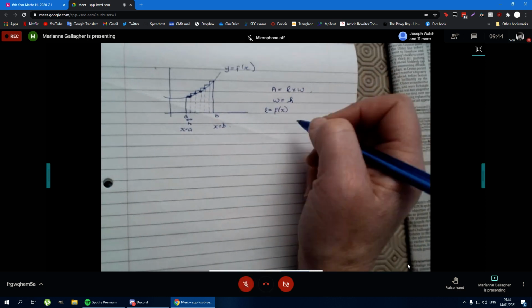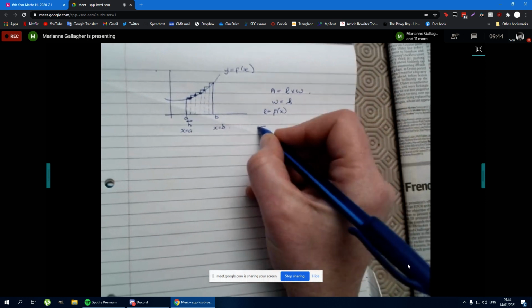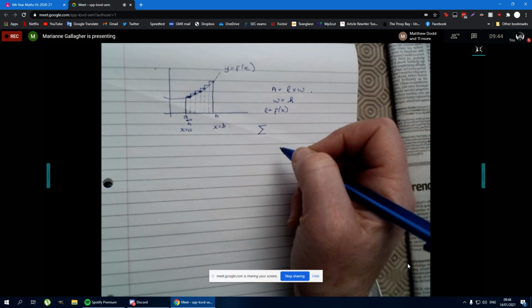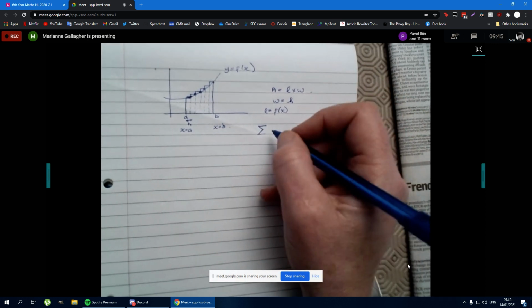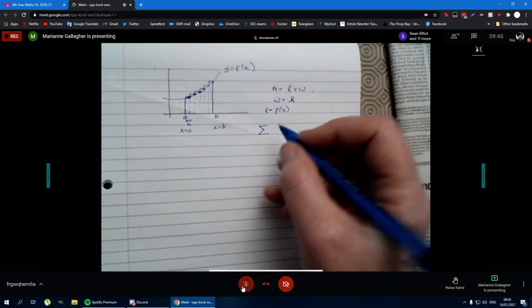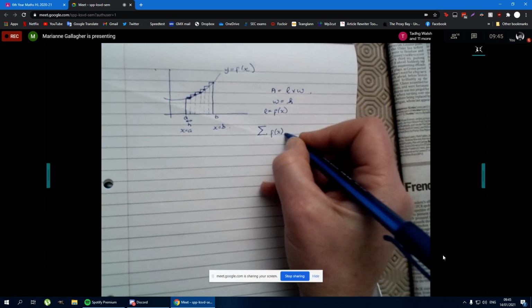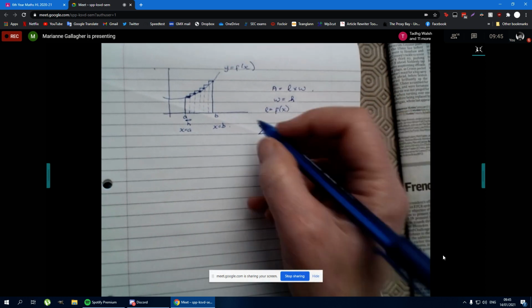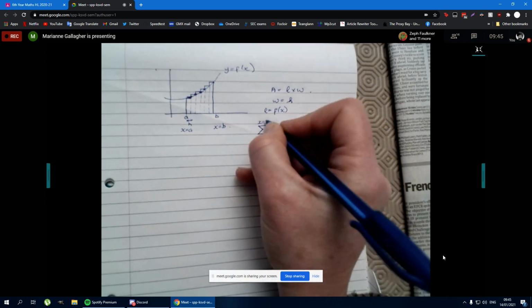Okay, so if we want to get the area, what we're doing is adding up. Remember this sign for adding, the sigma sign? Have you all seen that before? So we're adding up all of those f of x's times, that's the length by the width, starting at x equal to a and finishing at x equal to b.